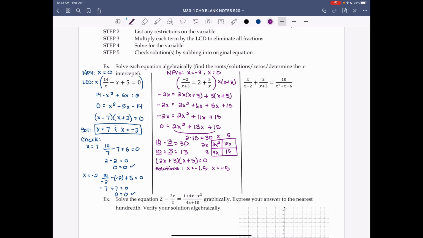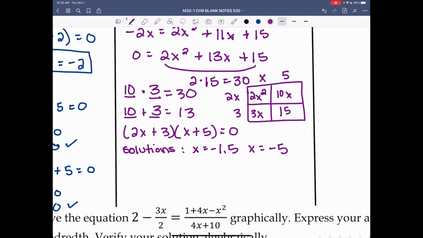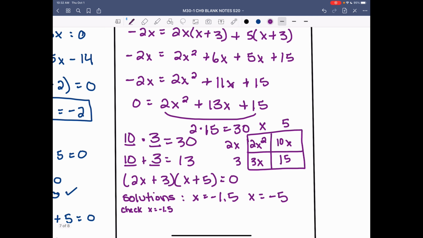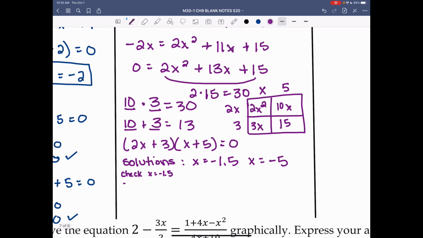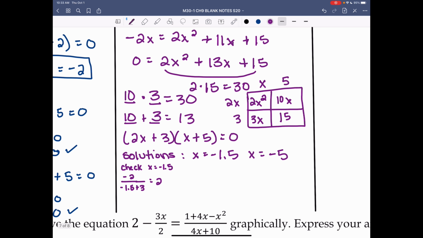Next, we need to check our solutions by subbing them in and making sure the left side equals the right side. I'm going to zoom in here. Need as much space as I can get. X equals negative 1.5. We want to sub that in to our original, which was negative 2 over x plus 3 equals 2 plus 5 over x. Negative 2 over negative 1.5 plus 3 equals 2 plus 5 over negative 1.5.